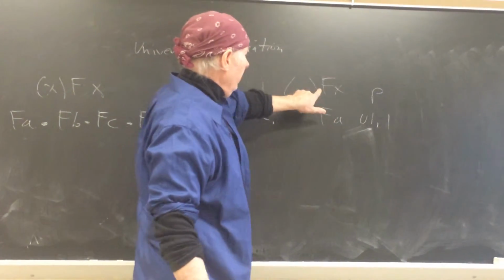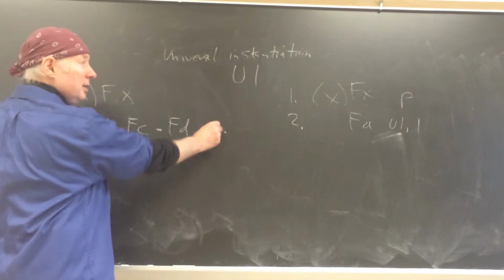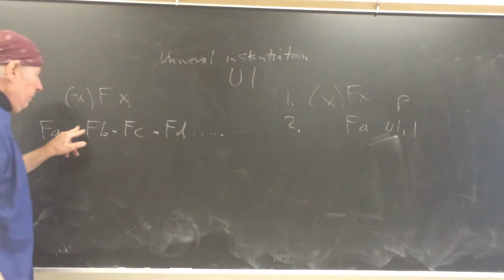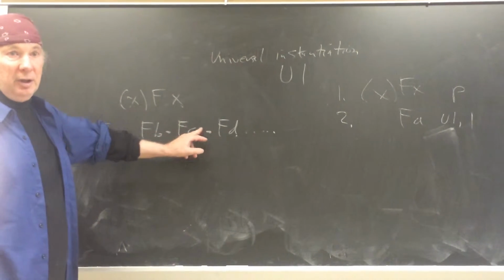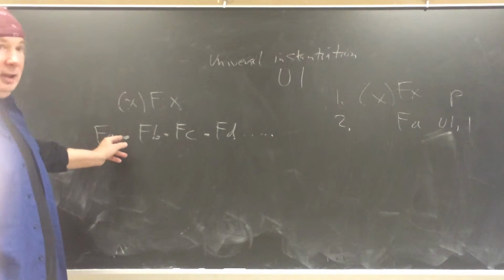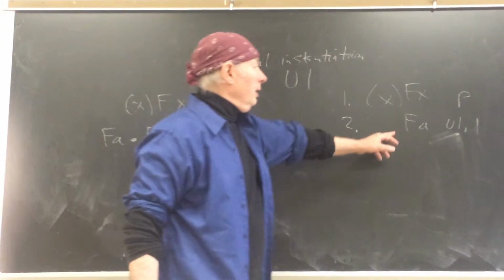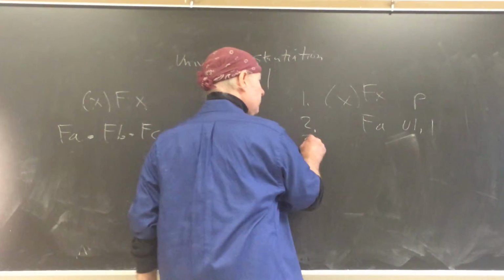So instead of replacing this by an infinitely long sentence, UI tells me I can simply simplify out any one of the terms in this infinitely long expression and put it here. I could do that. These are all correct.